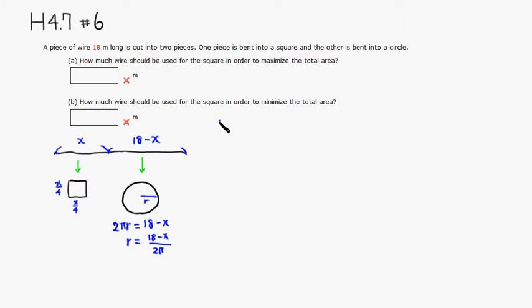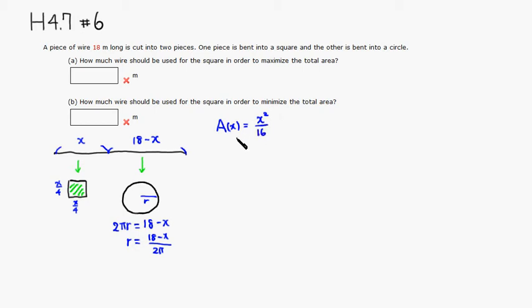So the area function A of x is equal to the area of the square, x over 4 times x over 4, so that would be x squared over 16.